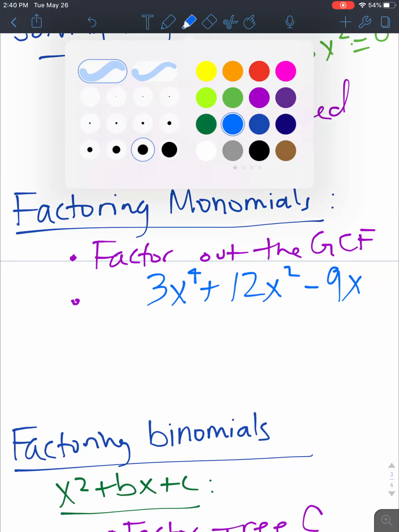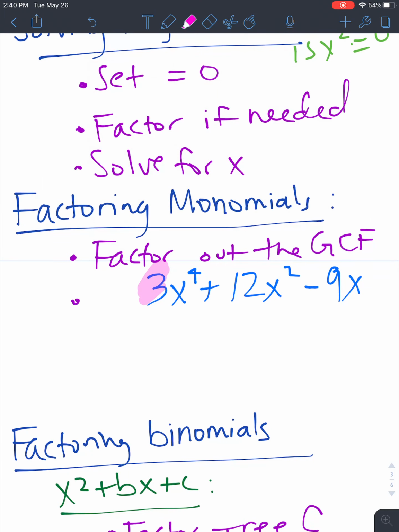And the greatest common factor is almost always the leading coefficient and the smallest power of x. So we factored out a 3x, and when we do that, that means we take each term and divide it by 3x.